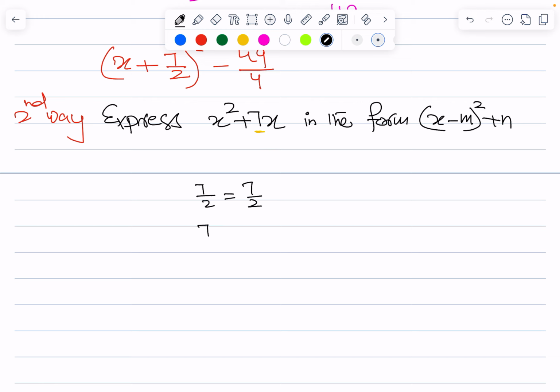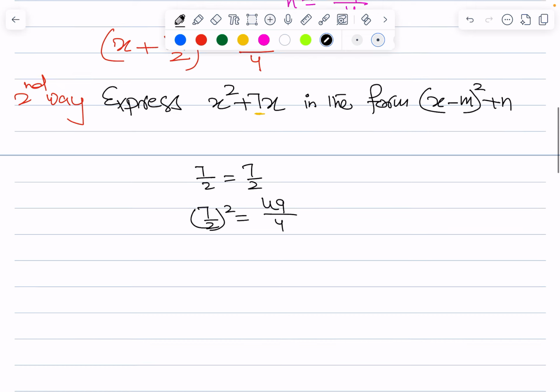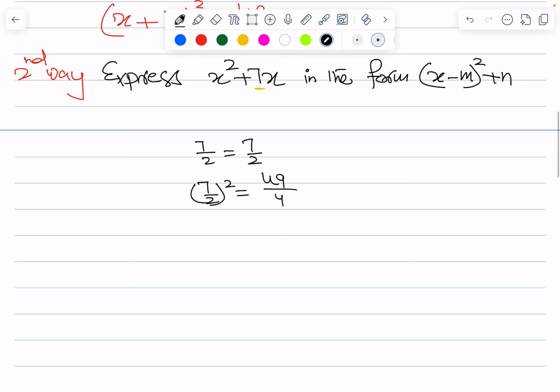Take its square: 7 over 2 squared equals 49 over 4. Now use x plus 7 over 2 whole square, and subtract the value you squared, so minus 49 over 4. This is the easiest way compared to the comparison method.